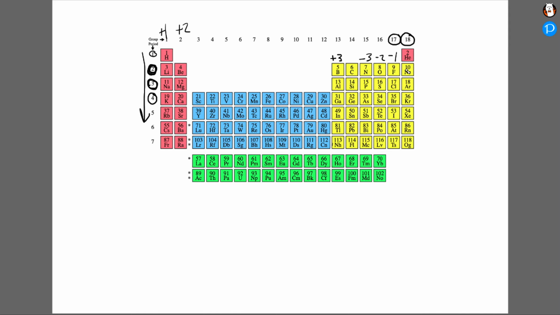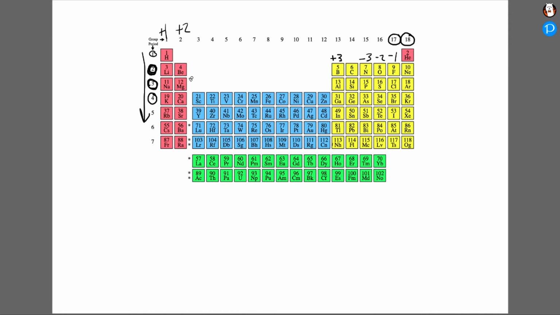The other one was Mg2 plus. Here's Mg. 2 plus means it's lost 2 electrons. So 1, 2. So it actually has the same number of electrons as O2 minus. F minus, right here, means it's gained an electron. So it also has the same number of electrons as O2 minus and Mg2 plus.